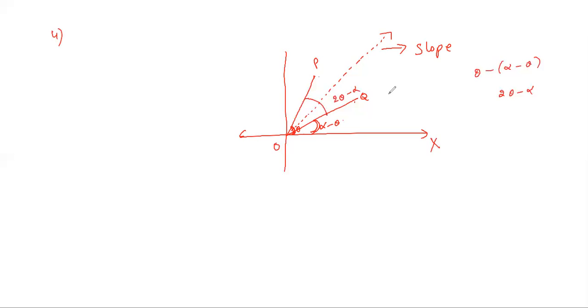Yes, sir. Now bisect this. Theta minus alpha by 2. This is also theta minus alpha by 2. Correct? Yes, sir. Now what is the slope of this line? Slope means from this angle you have to find out. Now what is this angle? See, this is alpha minus theta plus theta minus alpha by 2. So this is nothing but alpha by 2.